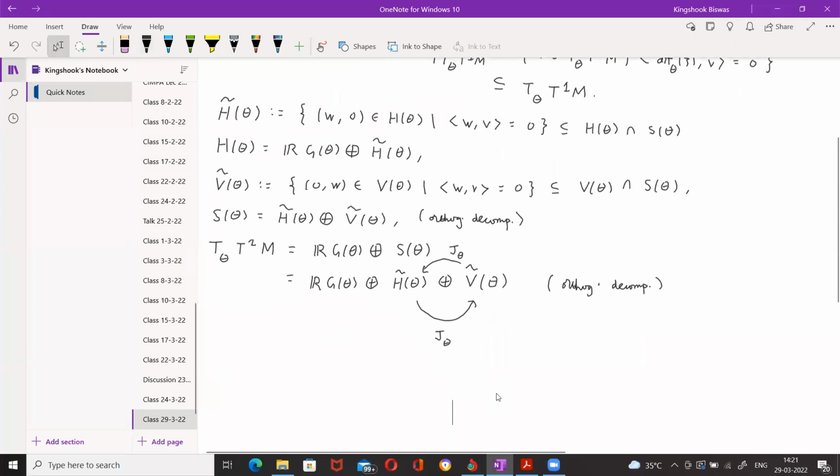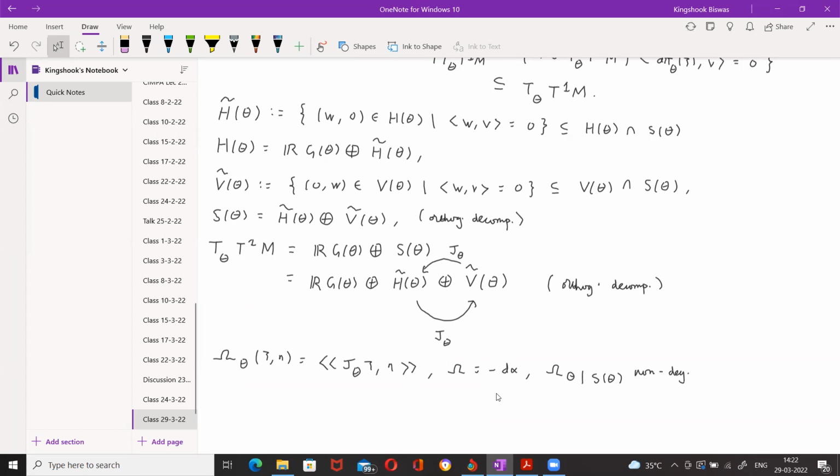So omega theta was the Sasaki inner product of J theta xi with eta, and omega is equal to minus d alpha, we showed, and omega theta restricted to S theta is non-degenerate. Okay.